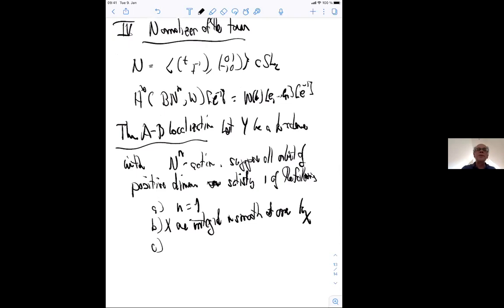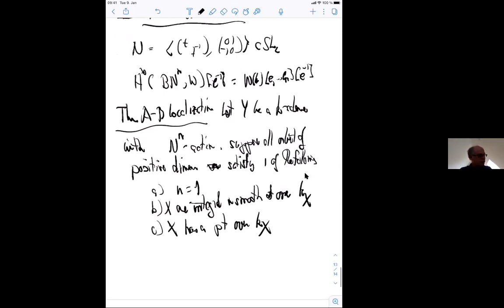There was one other condition. Oh, and the other one is the orbit x has a rational point over its field of quotient space. So if one of these holds, then the Atiyah-Bott localization works.